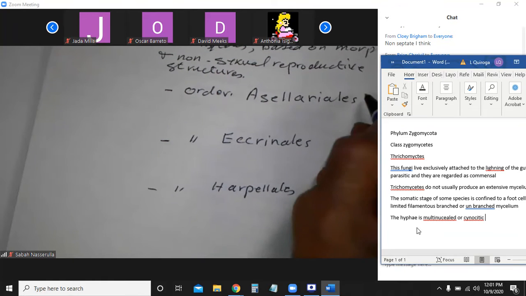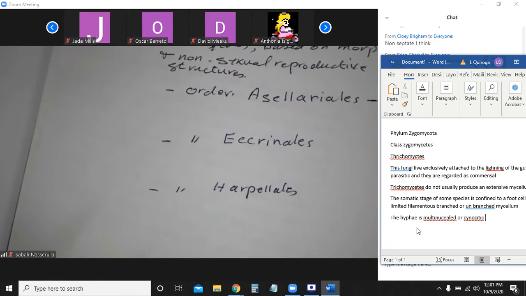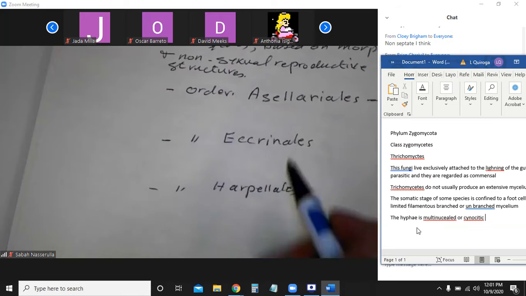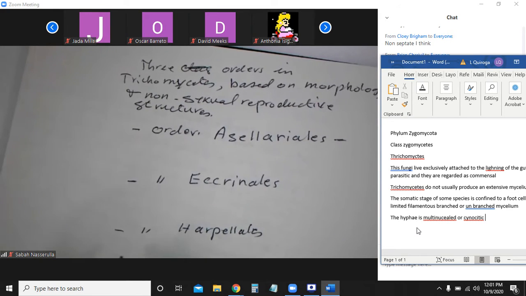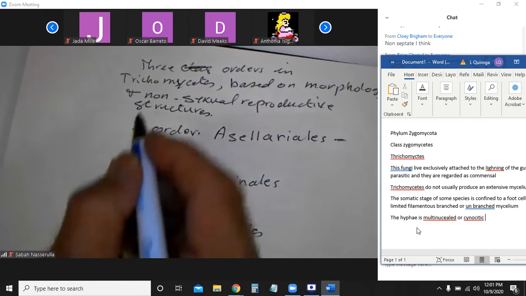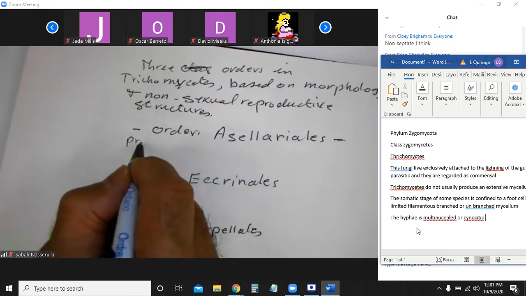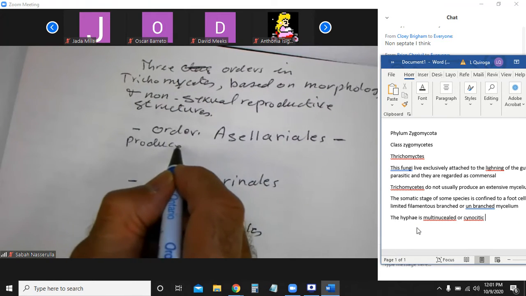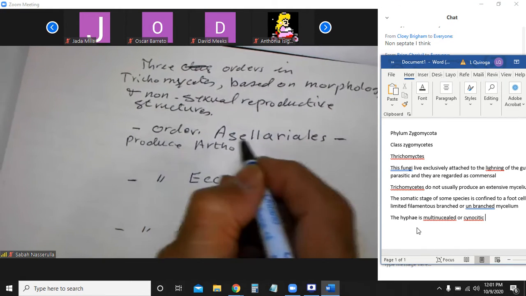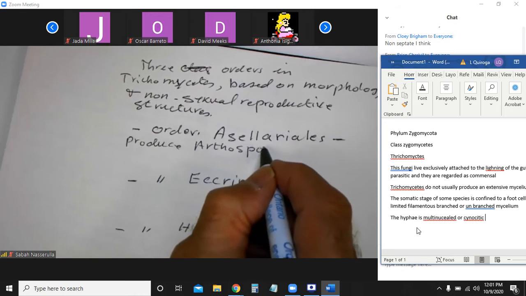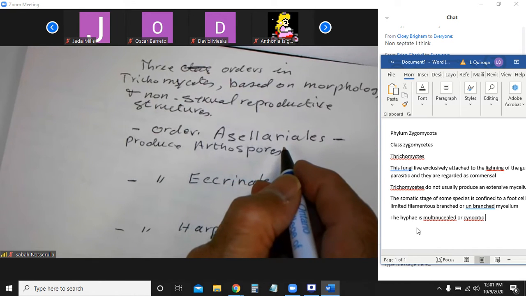Just to give you a few lines on these, because as I mentioned, the first order, which is the Asterialis, basically produce arthrospores. We'll see that later.